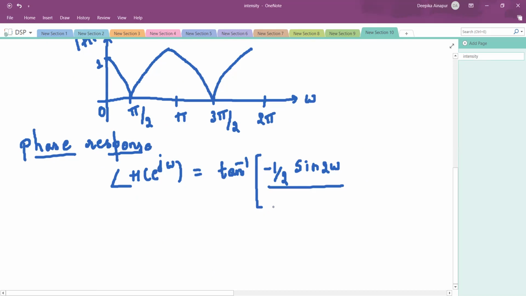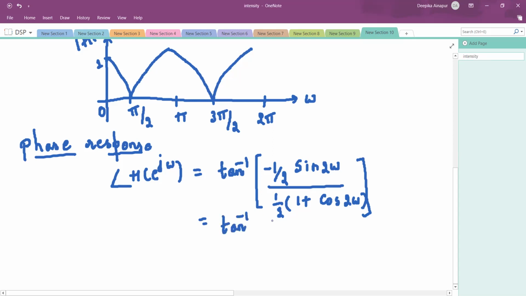So the same part I'll take here. It will be half into 1 plus cos 2 omega. Like this, we will be getting the tan inverse of B by A. Next, see here, this half we can just simplify and cancel.